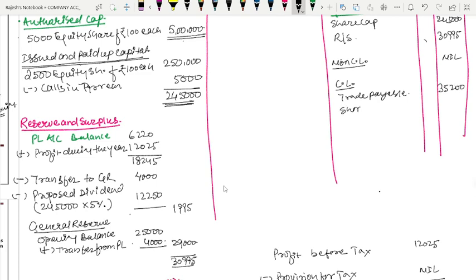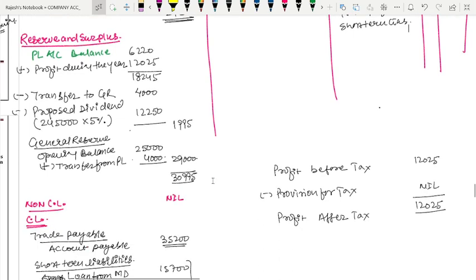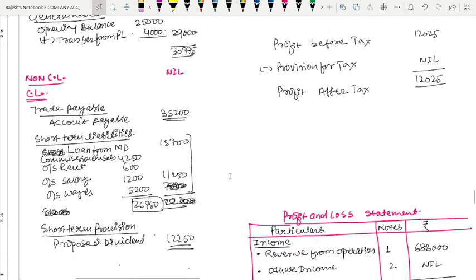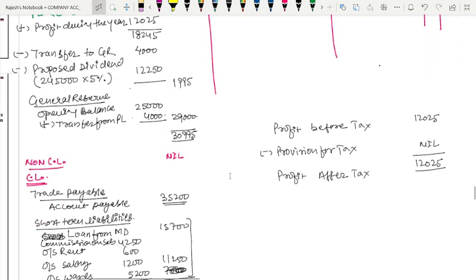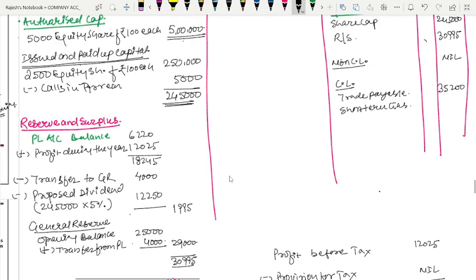Then short term liabilities. 15,000, 26,950. Then short term provision, 12,000. Total.